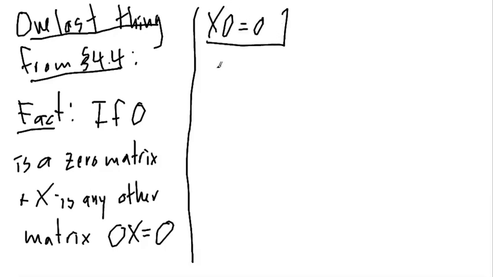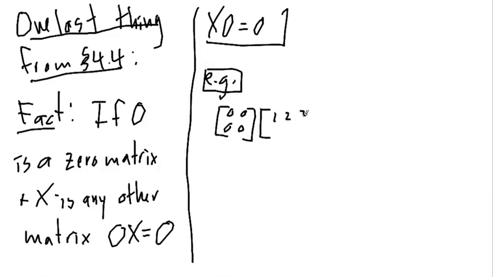So let me just do a quick example to show what I mean. Let's take, say, the 2 by 2 zero matrix 0, 0, 0, 0, and multiply that against a 2 by 3 matrix 1, 2, 3, 4, 5, 6, and let's see what we get. The first row, first column: 0 times 1 is 0, 0 times 4 is 0, so I get 0.